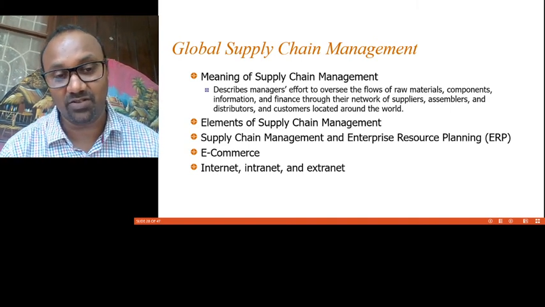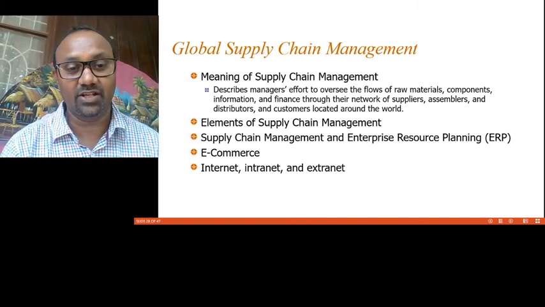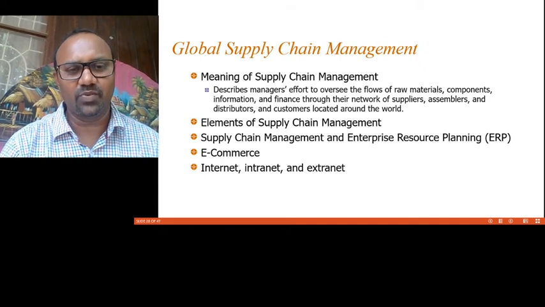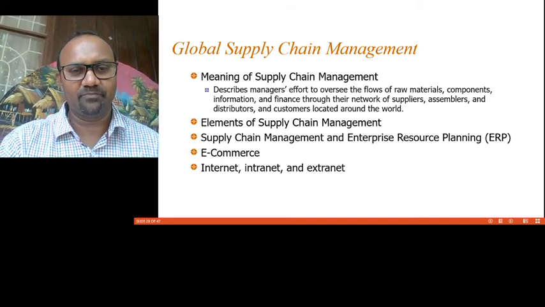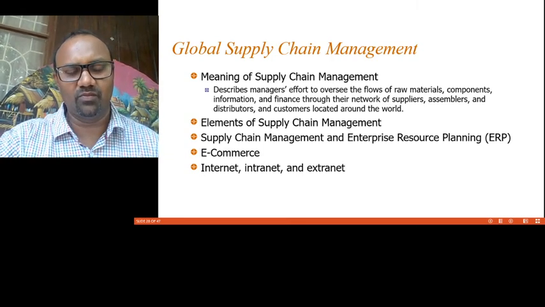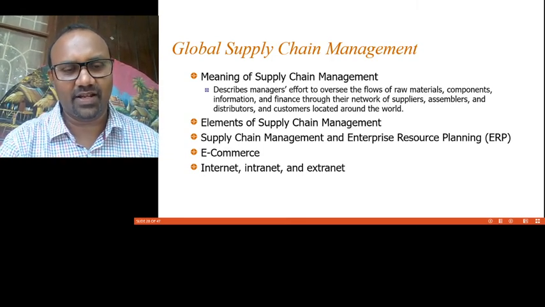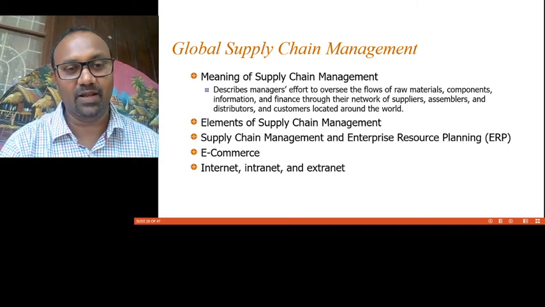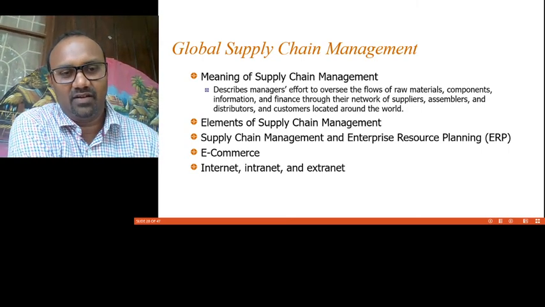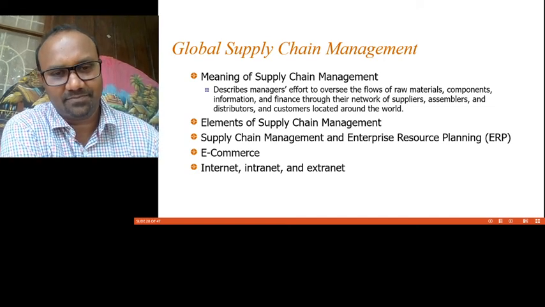So if you want to establish a very good coordination and then ensure that everything operates very smoothly and the product finally reaches a customer at their doorstep without much of trouble, all that can be done through an ERP system, and that's how it helps companies to effectively implement a supply chain.